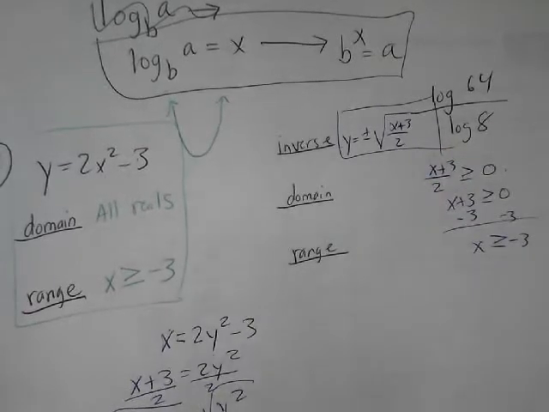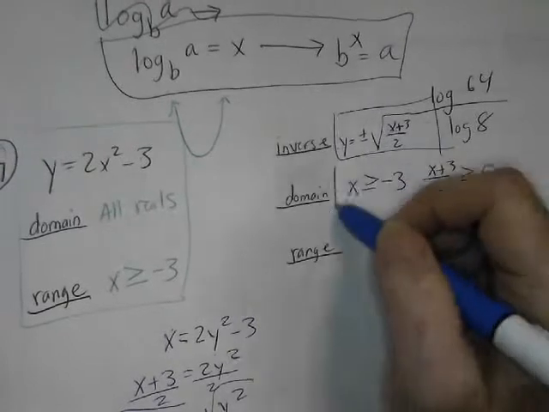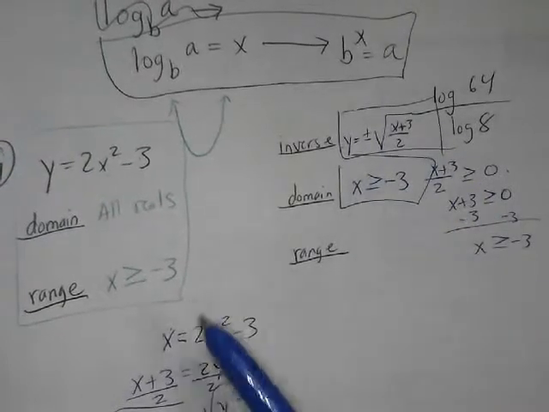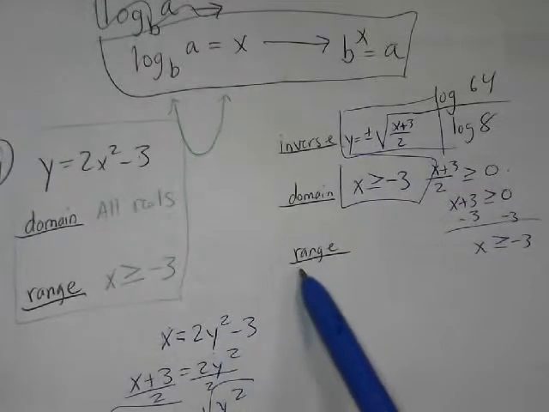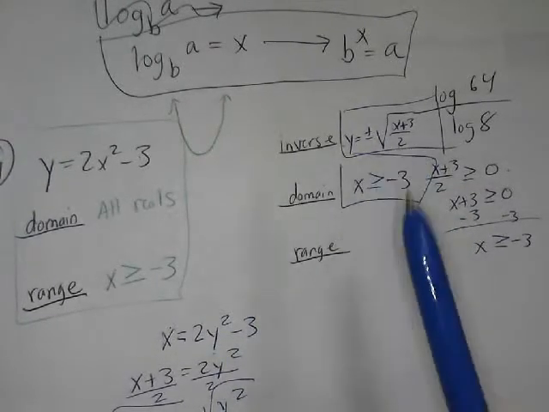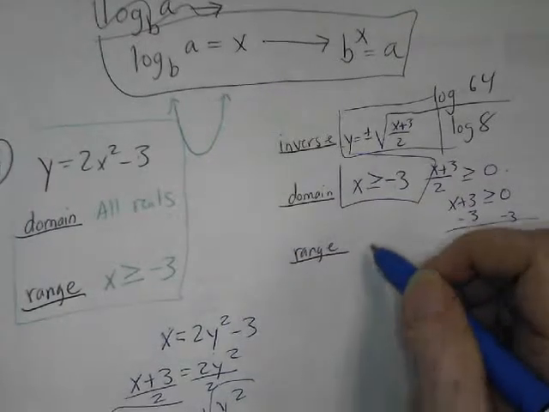Now you're going to find something amazing that's going to happen. Do you notice anything about the domain of this function and the range of that function? They're flipped. Yeah. So what about the range of this function? Yeah, you can swap them.